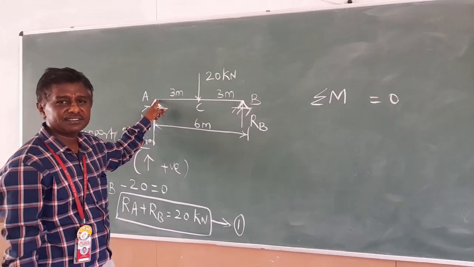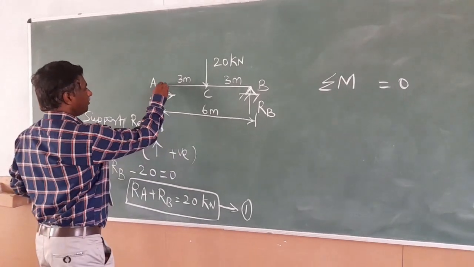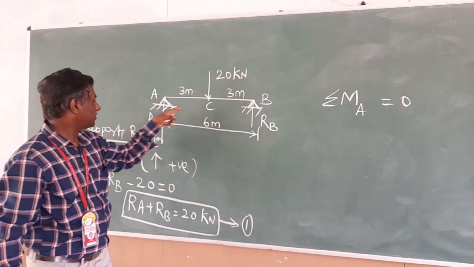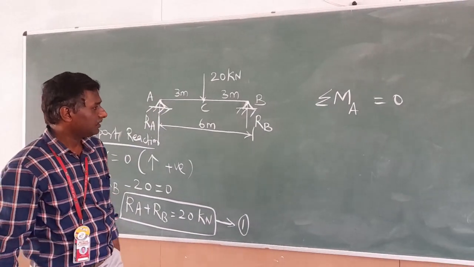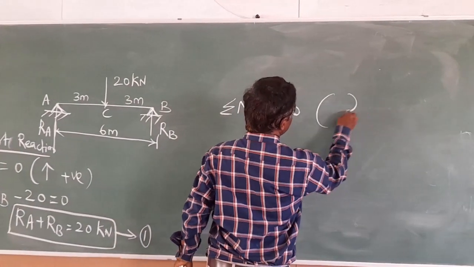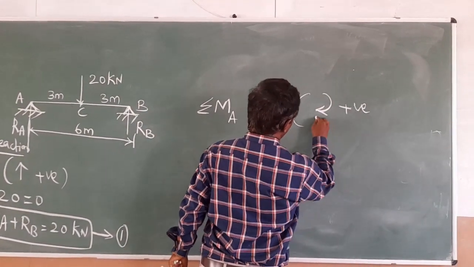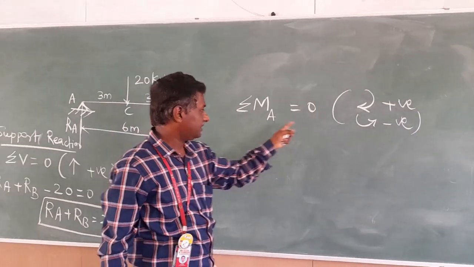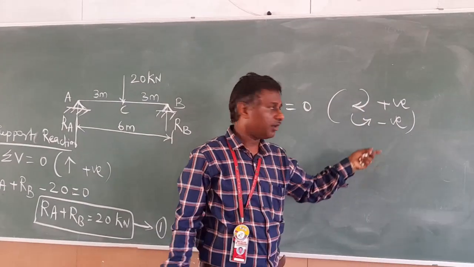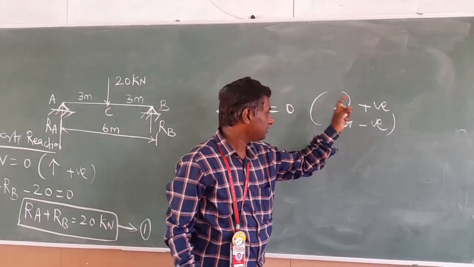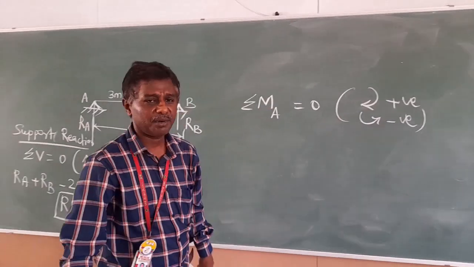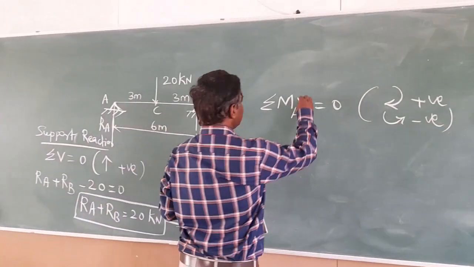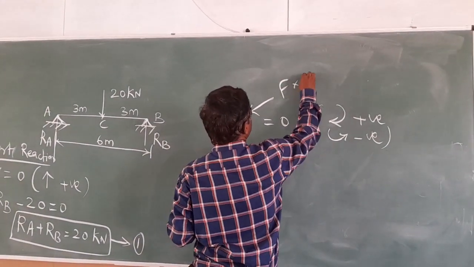So I am taking moments at point A. Now all the forces travel to point A, and the sign convention is clockwise positive and anticlockwise negative. You may take the reverse also, no problem; it is according to our convenience. Moreover, bending moment is nothing but force into perpendicular distance.